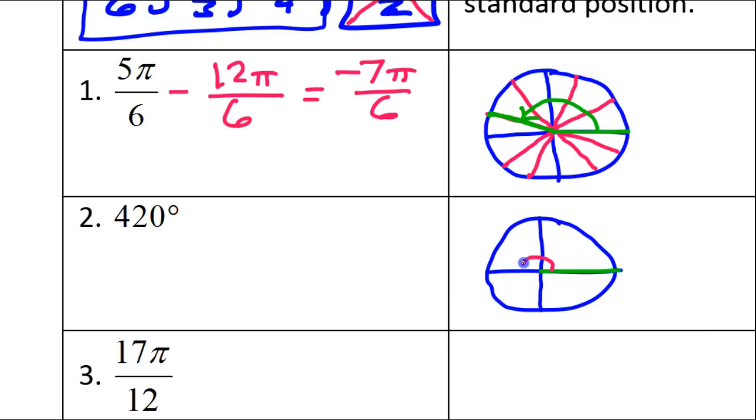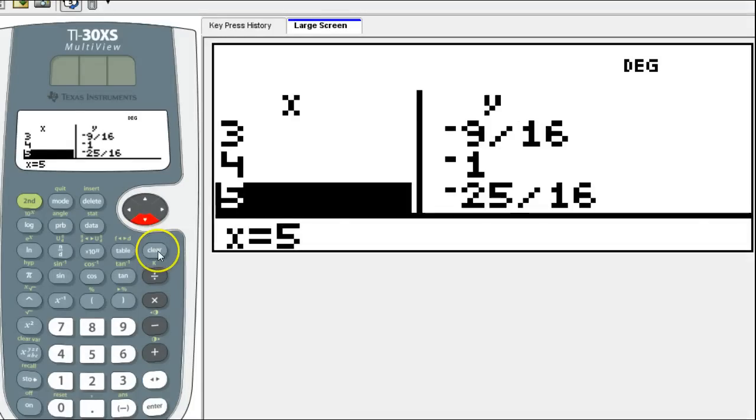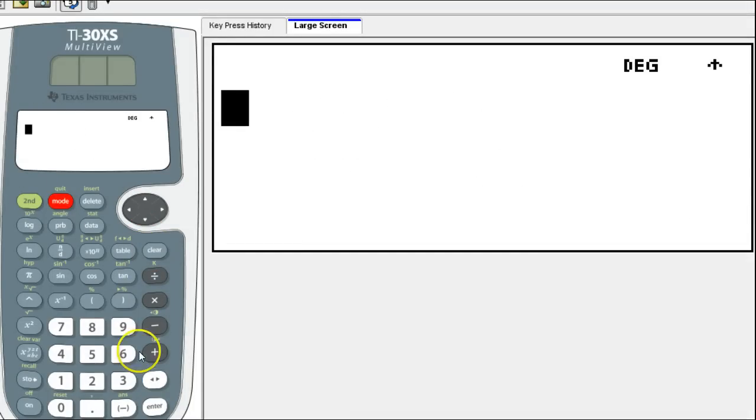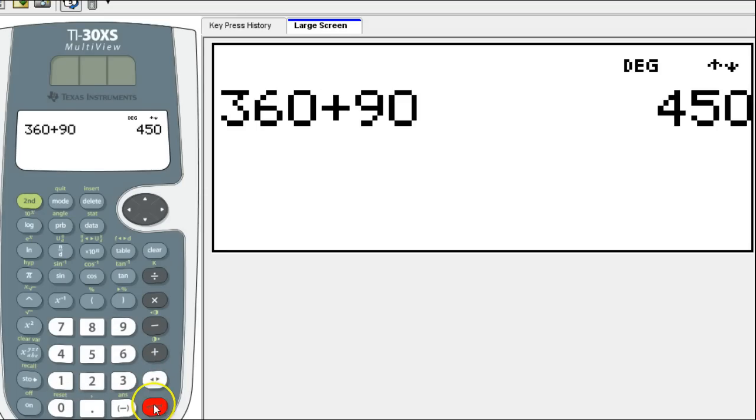So if I went all the way around and back to where I started from, so far I've gone 360 degrees. Now if I picked up from here and went to here, that's another 90 degrees. So 360, hold on, let me try that again. 360 plus 90, that's 450 degrees.